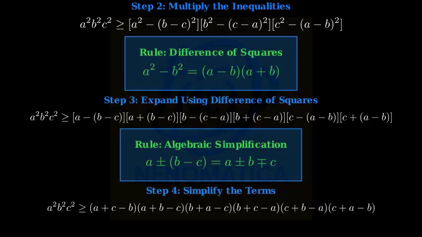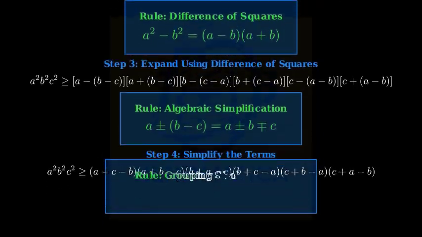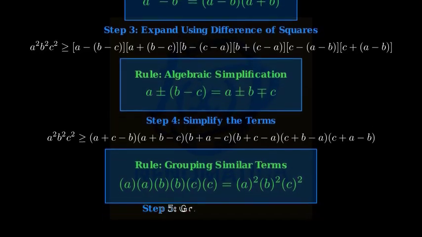The term b plus the quantity c minus a simplifies to b plus c minus a. The term c minus the quantity a minus b simplifies to c minus a plus b, which is c plus b minus a. And finally, the term c plus the quantity a minus b simplifies to c plus a minus b.